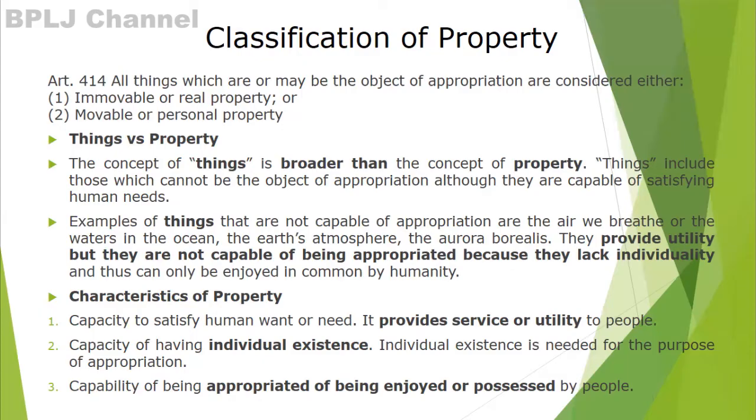Now we go to the characteristics of property. What are the basic characteristics of property? We have three. First, it is the capacity to satisfy a human want or a need. Because if something does not satisfy human want or human need, then there is no desire for man to appropriate it or to get it because it does not provide any service or utility.